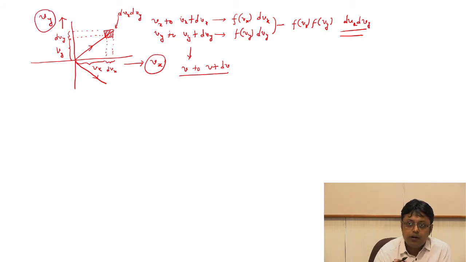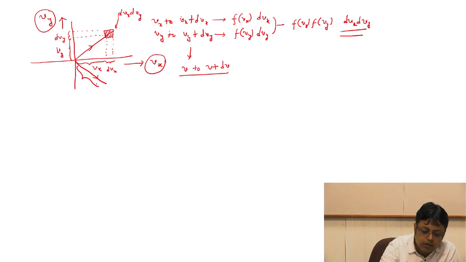Now, however, when I calculate the speed, I only calculate the length of the vector, which is equivalent to v. Now the length of the vector is v here, length of the vector is also v here.